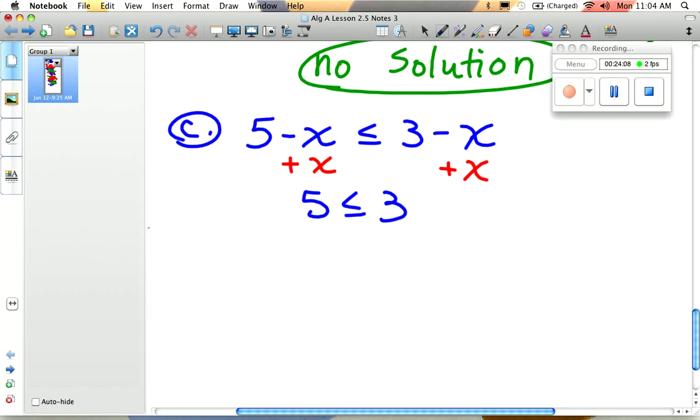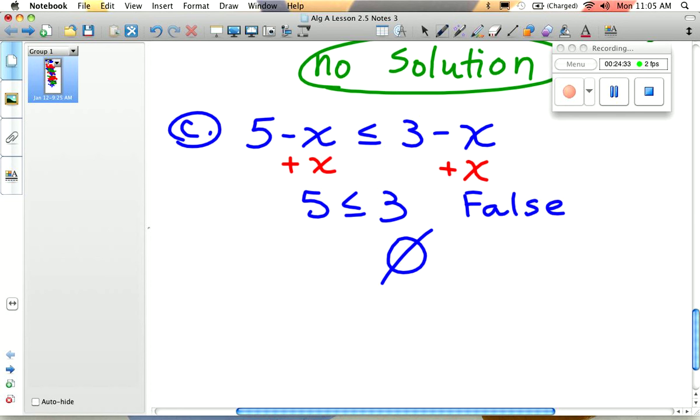Is that true or is that false? False. 5 is not less than 3, nor is it equal to 3. So we're done? No. We have to do the no solution. And what's our symbol for no solution again? 0 with a slash through it. Okay, there's our solution. No solution.